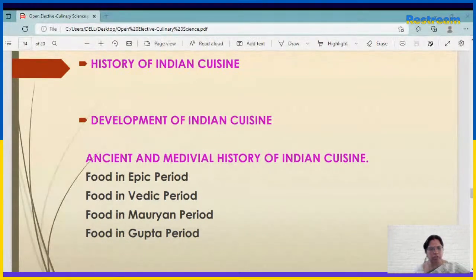Then there was influence from Arab and Portuguese traders, which also brought new world vegetables such as tomatoes, chilies, squashes, and potatoes, introduced in the 16th century. Then the British introduced European recipes with cooking techniques like baking. Baking entered India only during the British era, and they started baking cakes.